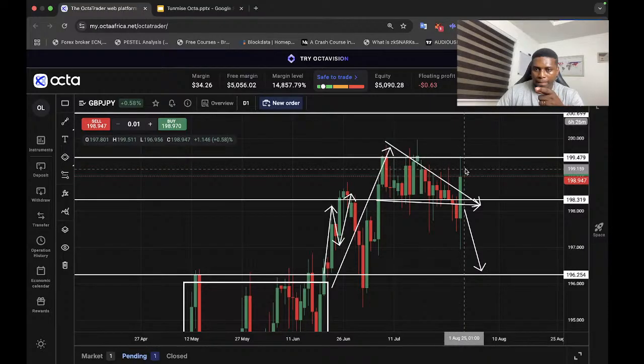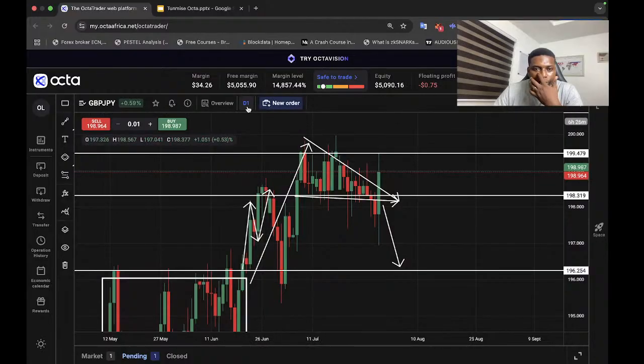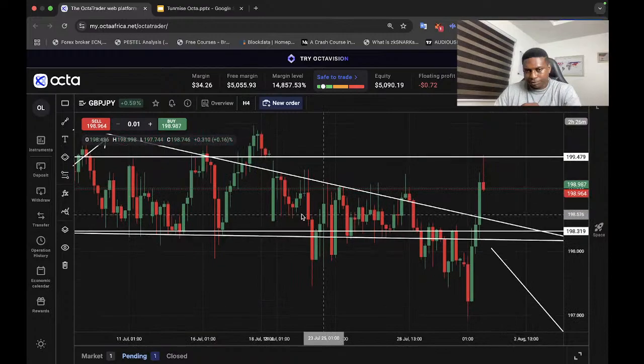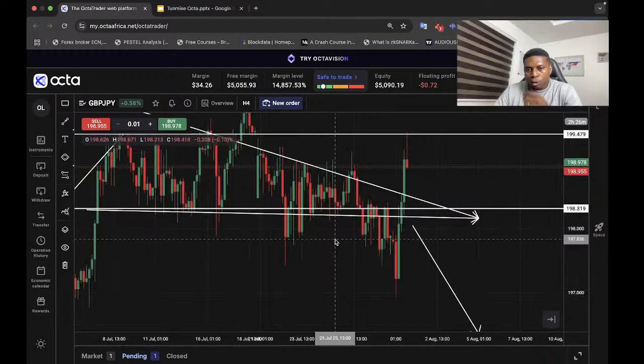Now there are two things as a trader that you can do at this level. Let's go down to the 4 hours time frame, then we look into that level that we're talking about. Definitely there is a potential sell-off coming in on this market.